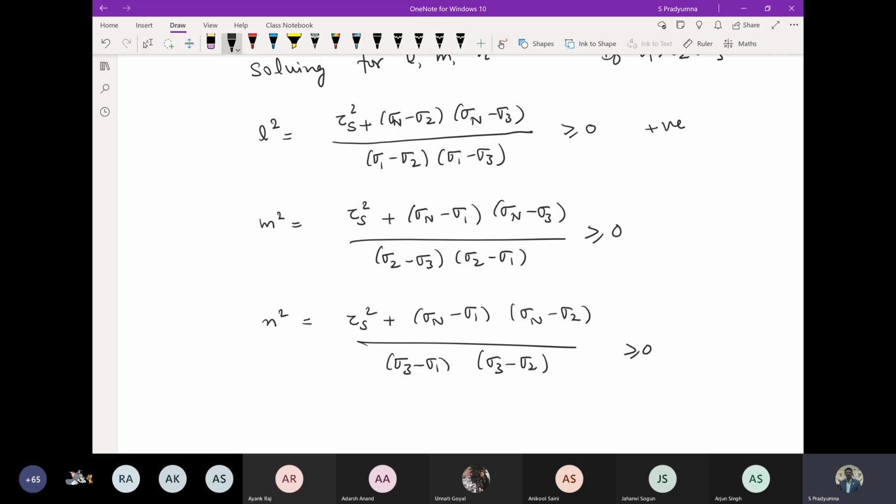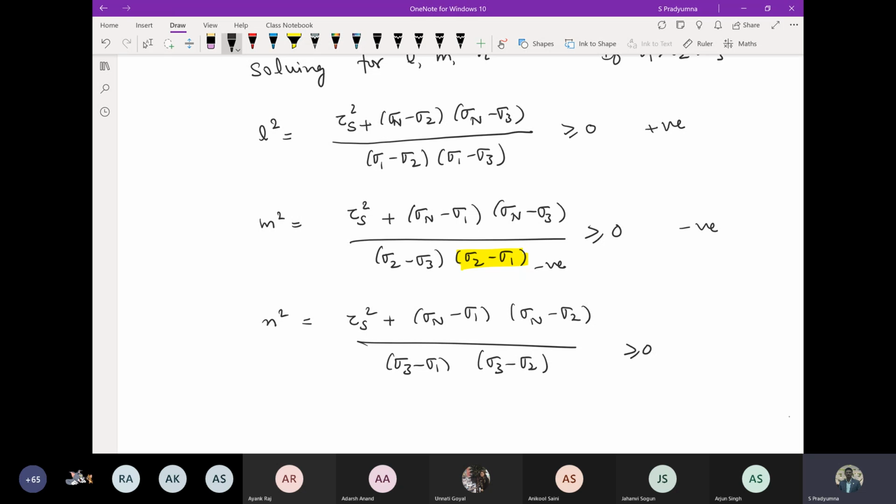What happens to the denominator of the second equation? Both factors are negative, right? Because sigma 2 minus sigma 1 is negative, and this one is negative too. Therefore, the denominator becomes negative.